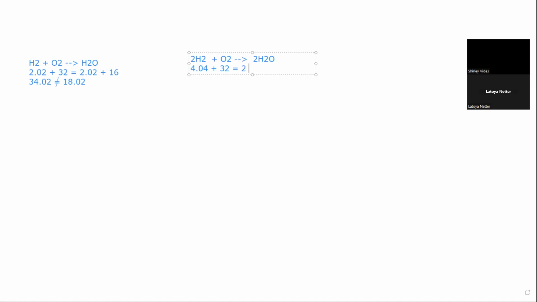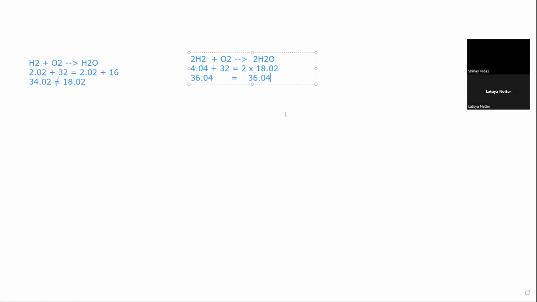We know that 1 molecule of water is 18.02, like from the other side, so 2 times that is 36.04, right? When we add it, is that equal to, that is 36.04 also. Look at that.